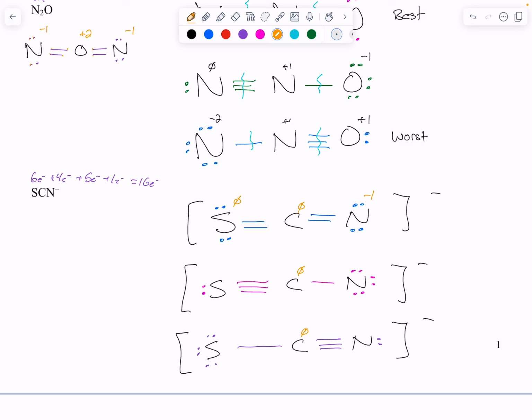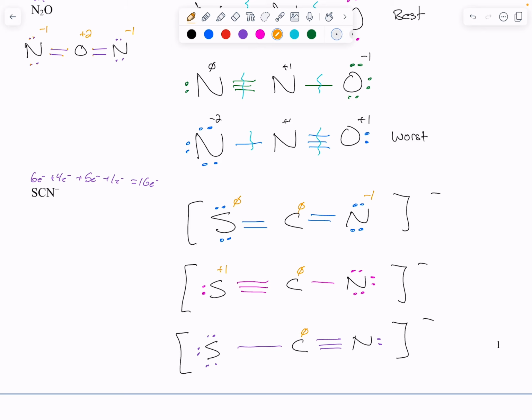All right. In the middle, pink. 1, 2, 3, 4, 5. Sulfur has 5, but it brought in 6, so it's formally plus 1. Nitrogen. 1, 2, 3, 4, 5, 6, 7. It has 7. Brought in 5.